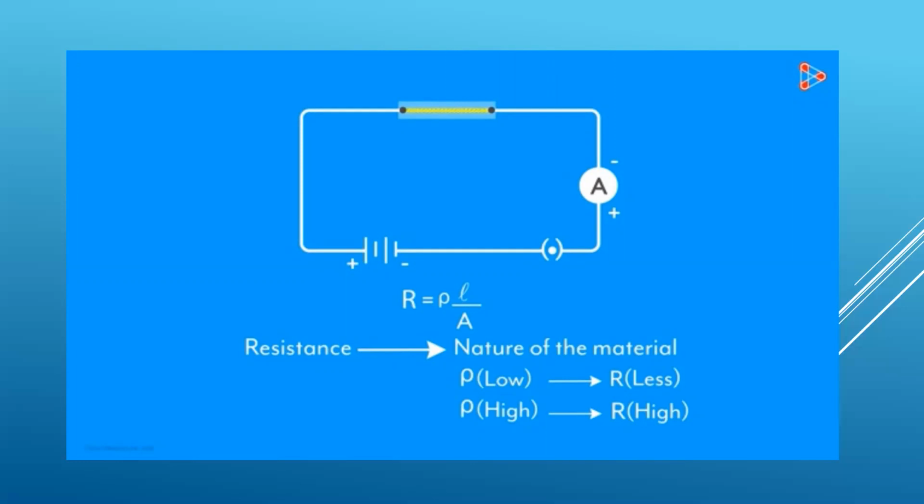All the electrons will move in one direction, from the negative terminal to the positive terminal. Then I have covered electric current. I said that electric current is the flow of electrons from one terminal to another terminal.